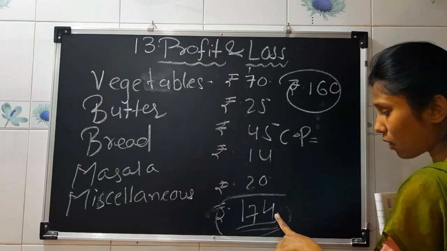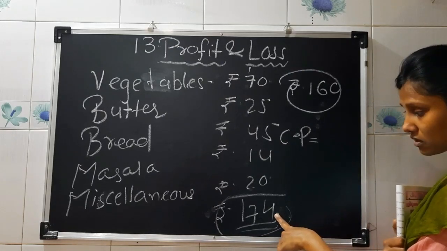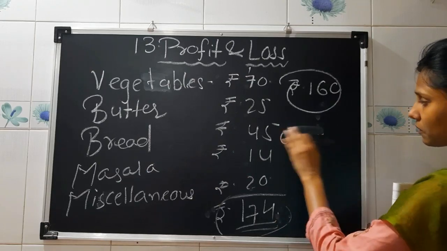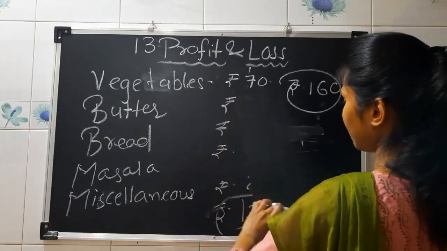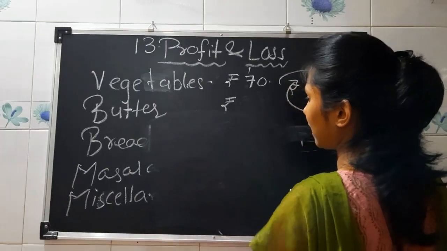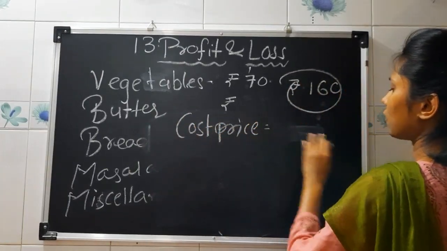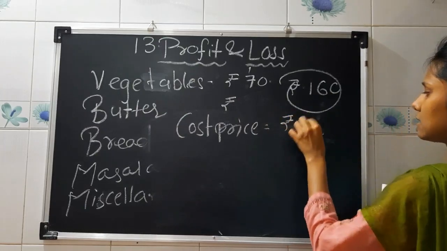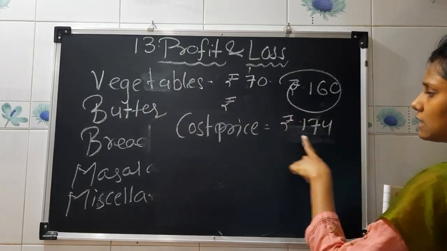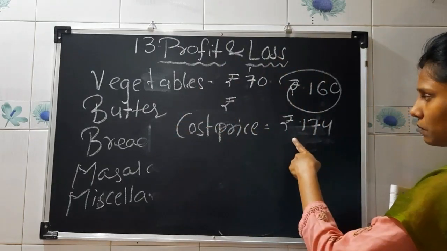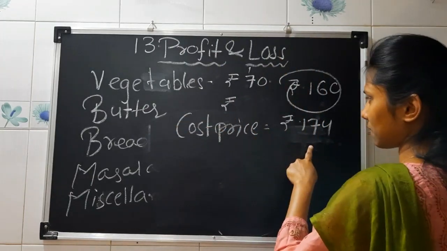The price at which he bought all these things is called the cost price. That is rupees 174. He spent 174 for purchasing all these items. This is the cost price.